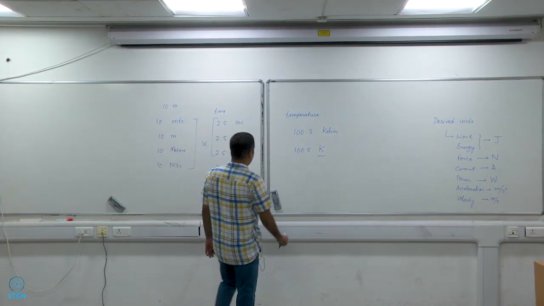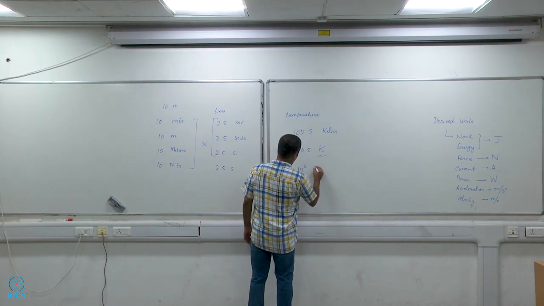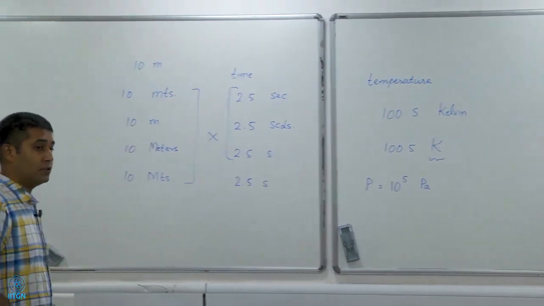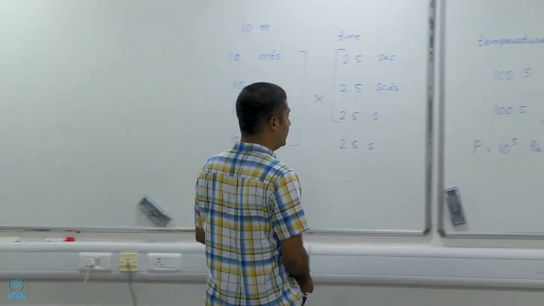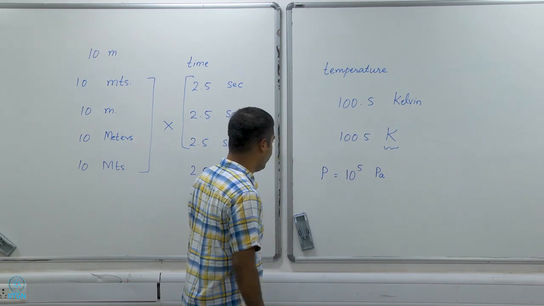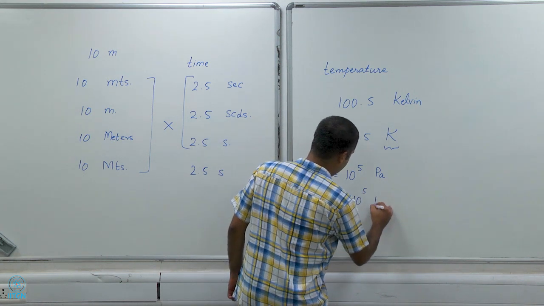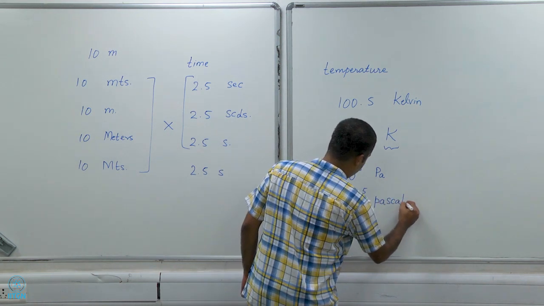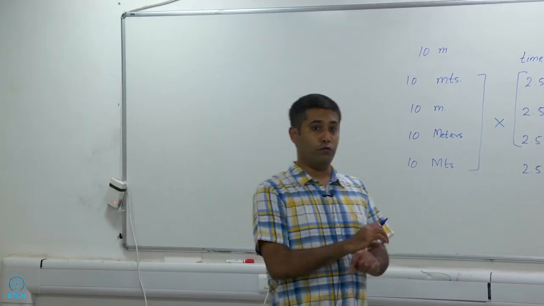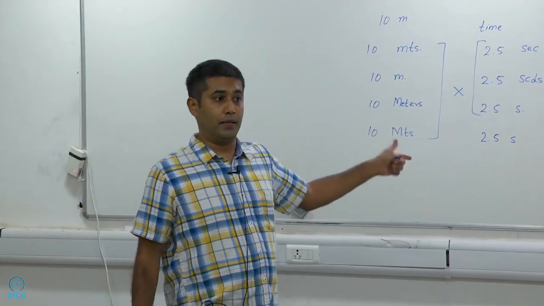So, we write 10 power 5 Pa, that is Pascal. There is only one way of writing Pascal, and that is with a capital P and a small a. And this is 10 power 5, which is the number of Pascals. You can also write the full form if you want to. Nobody does that, but if you want to, it would be correct.